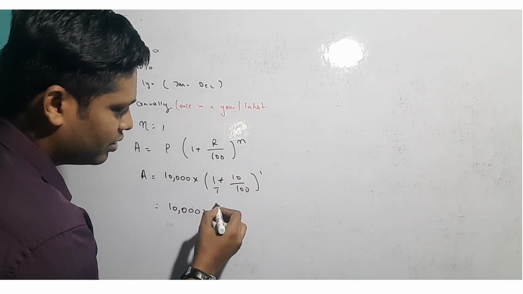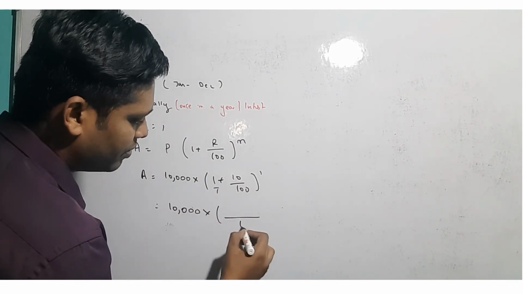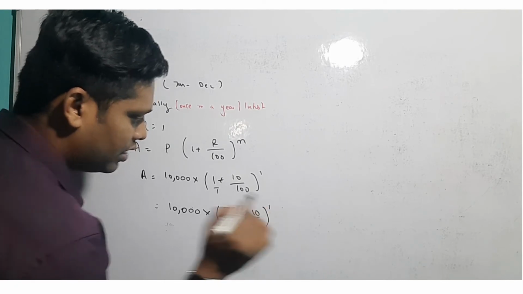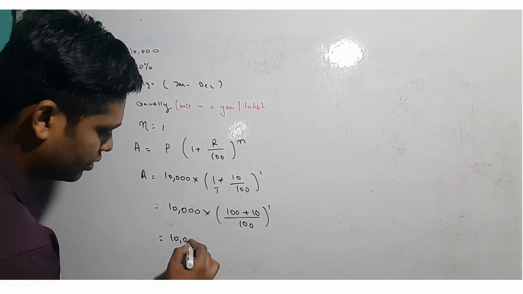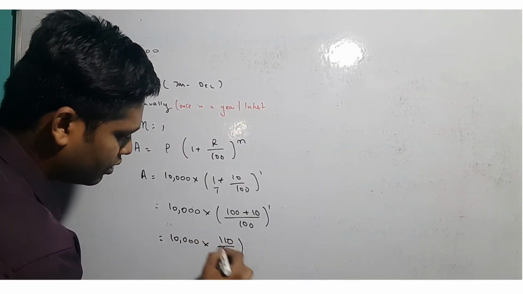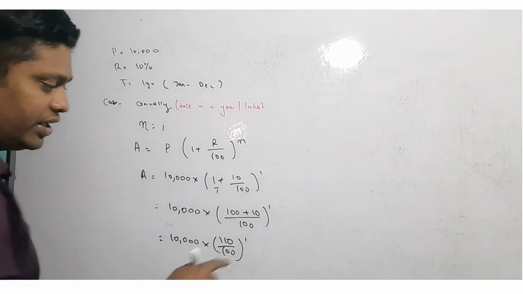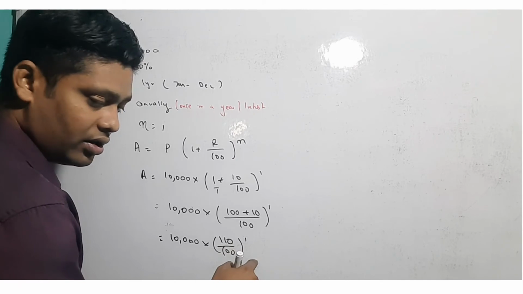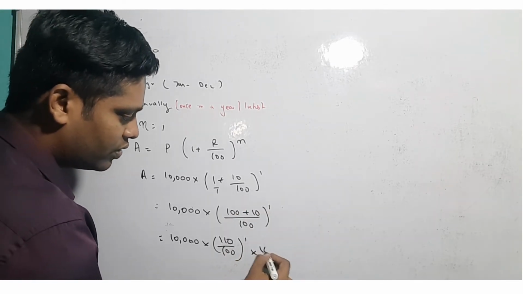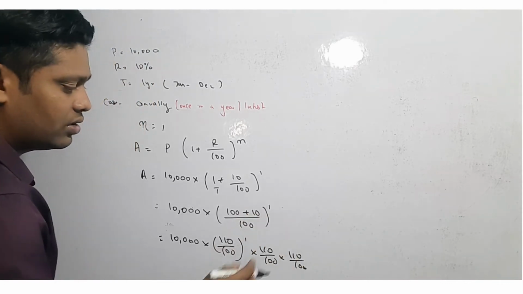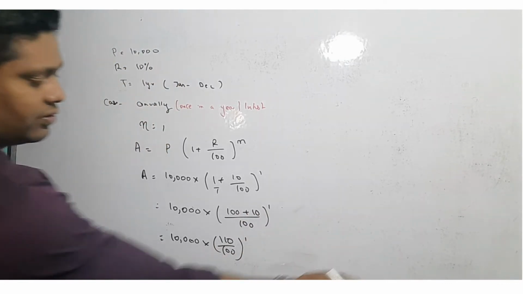Take out the LCM: 100 here, plus 10. So 10,000 into 110 by 100. In case n is 2, then one more time we will write 110 by 100. If it is 3 times, 110 by 100 three times. But if it is 1 time, only once you will write.